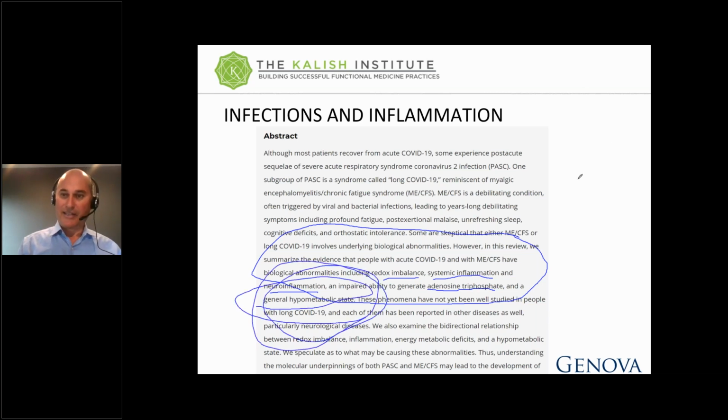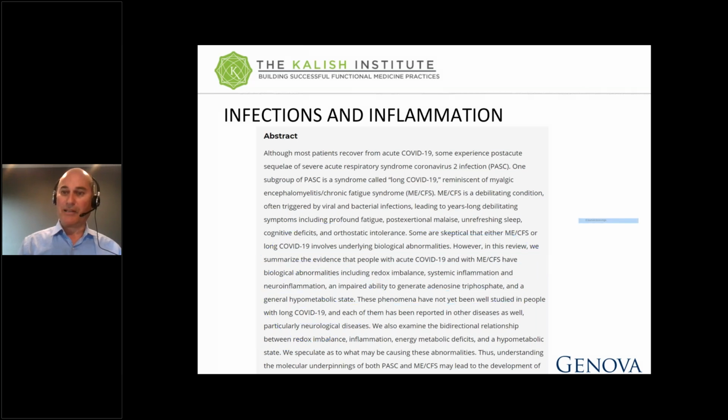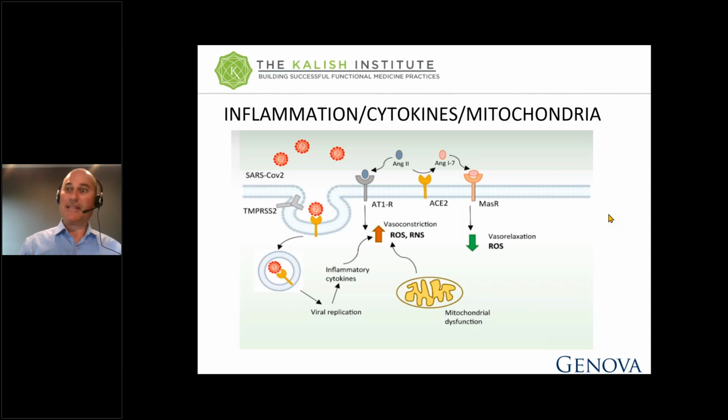That is like a summary of what we primarily look for in functional medicine. And then some people who have acquired COVID and have recovered from it, either a severe or a mild case of COVID, have these long-lasting reactions.